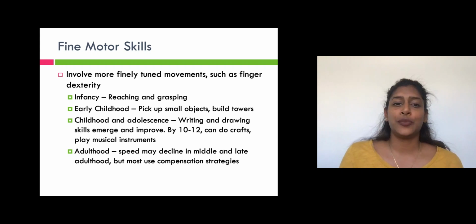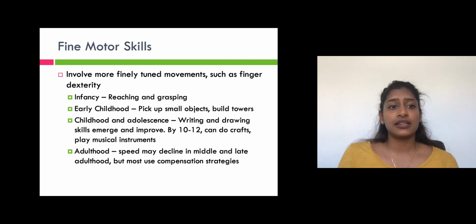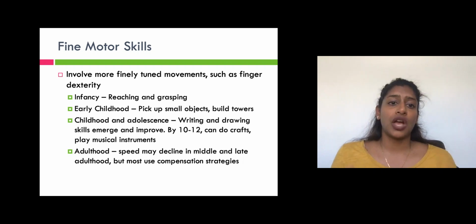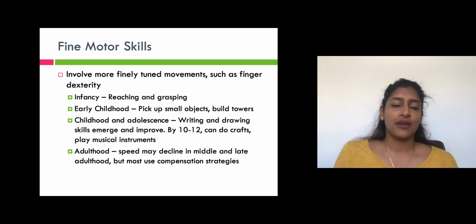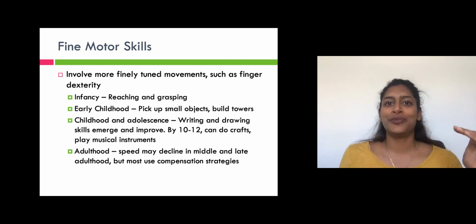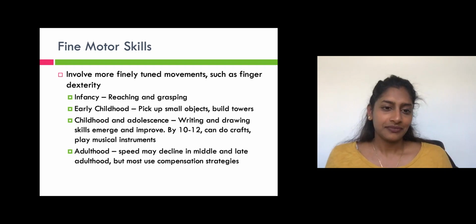In early childhood, it'll be picking up small objects, building things. We move into childhood and adolescence. Now we're talking about writing, and you might see that improvement if your parents ever saved any artwork from when you were a child, and you look at it and you're like, oh my gosh, I can't believe that I used to write that way.